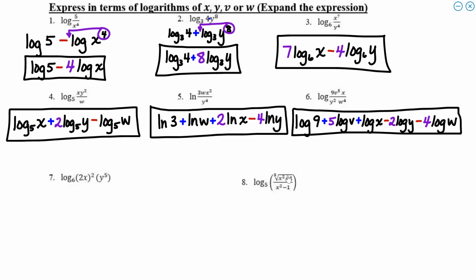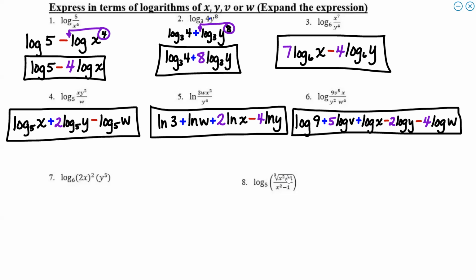All right, so anything that's down in front as a multiplier, I'm bringing up as a power, and I do that first because I do this in reverse. I look at it first for powers, then for product, and finally for quotient. So I would have, sorry, not log base x, common log of x squared plus common log of y to the 7th.